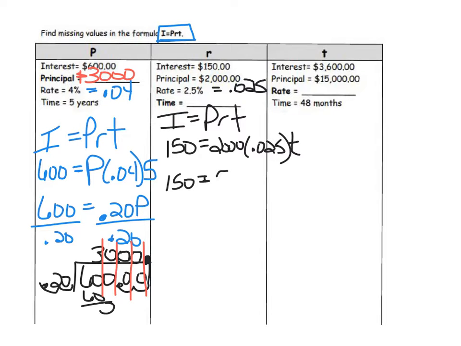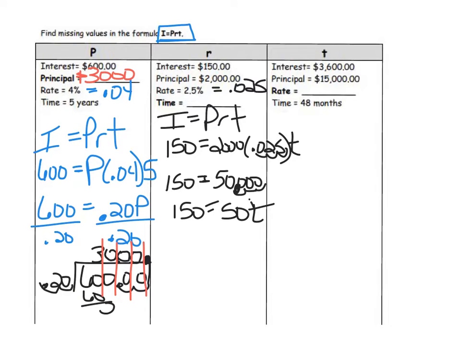50, right? So then I have the zeros at the end. How many zeros did I have here? How many zeros? Yeah, point. We had 3 of them, so we have to have it here. 1, 2, 3, 1, 2, 3. Okay, so now I have 150 is equal to 50 times t. Now what do I do?